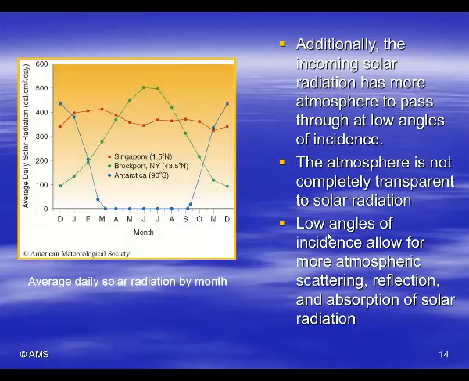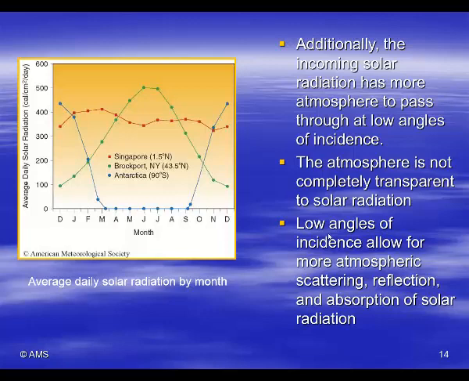So if we look at the average solar radiation by month, if we look at Singapore, that's just above the equator. We end up with a daily solar radiation of about 400 calories per centimeter squared per day. And it's pretty constant. It doesn't change very much as the seasons change.